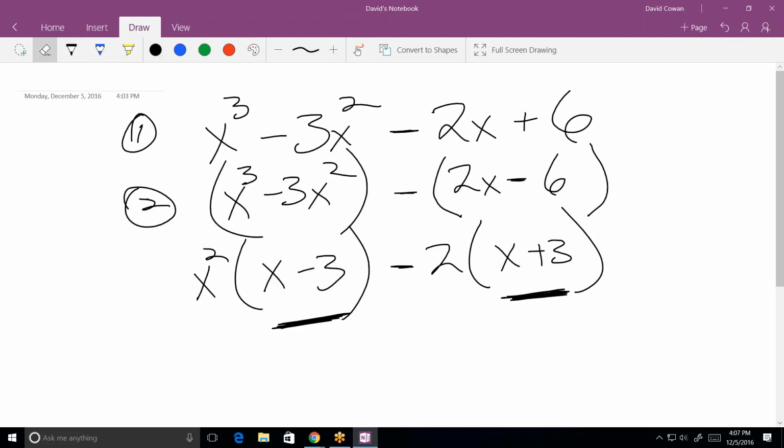If you do make the mistake, you will see these two binomial terms won't be the same. Okay? Now what?